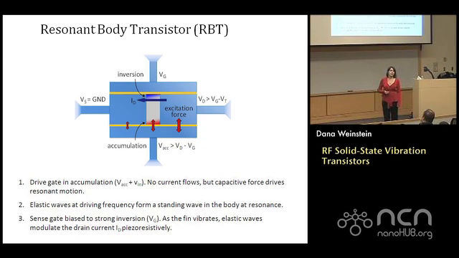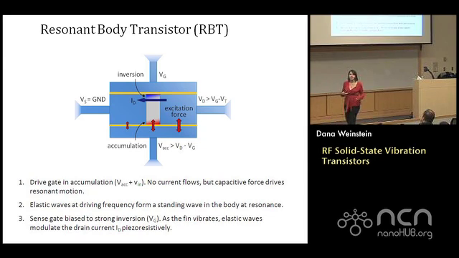On the sensing side, I can bias this gate into inversion. So I get a channel formed here and a drain current flowing near this interface with the dielectric. Now as I have elastic waves expanding and contracting this structure, I'm actually modulating the strain as seen by the channel of the transistor, and I'm piezo-resistively modulating the mobility of the carriers.